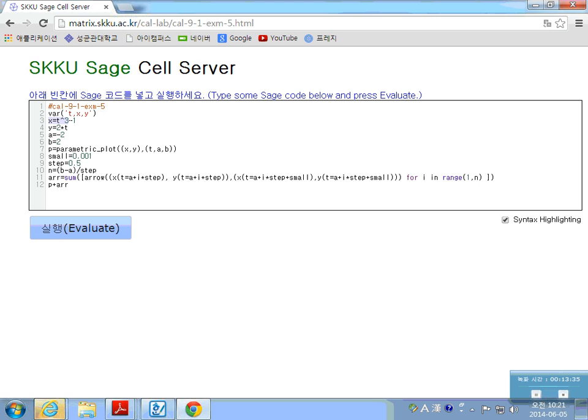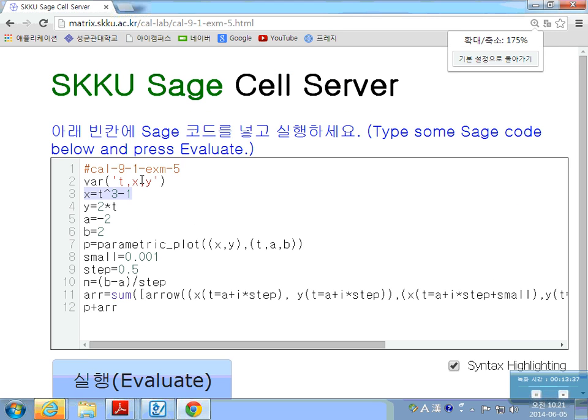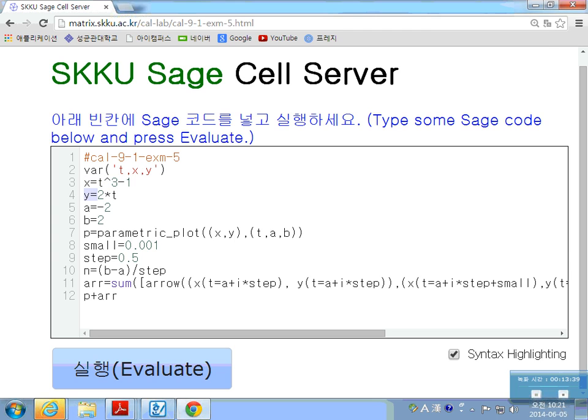So x is defined as t cubed minus 1, y is 2t, and t is from minus 2 to 2. So I draw the parametric plot of this x and y point from t equals a to b. Okay, then let's draw the graph.